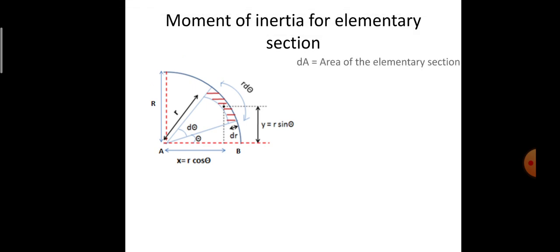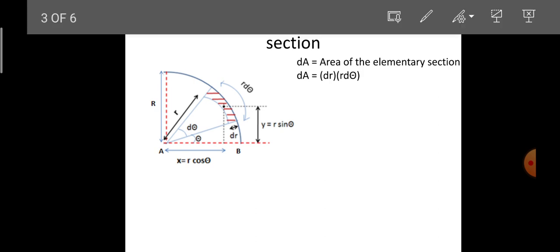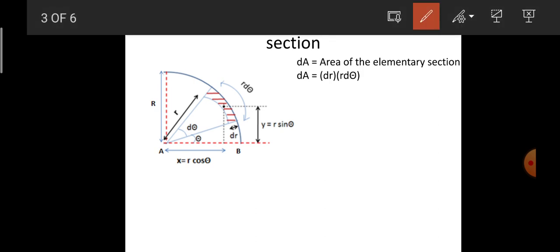With this, to find the moment of inertia for the elementary section, we need to consider dA as the area of the elementary section. When we consider the quadricircle as a whole, this section is very small.